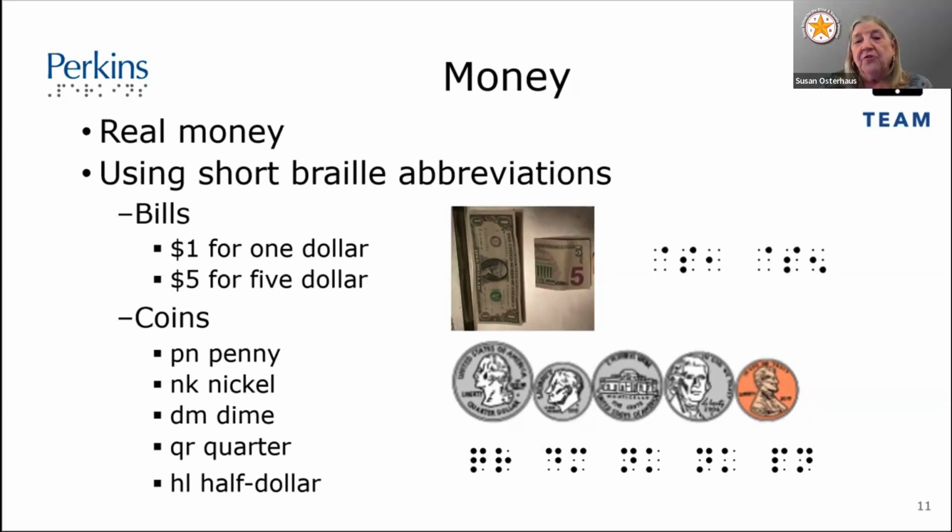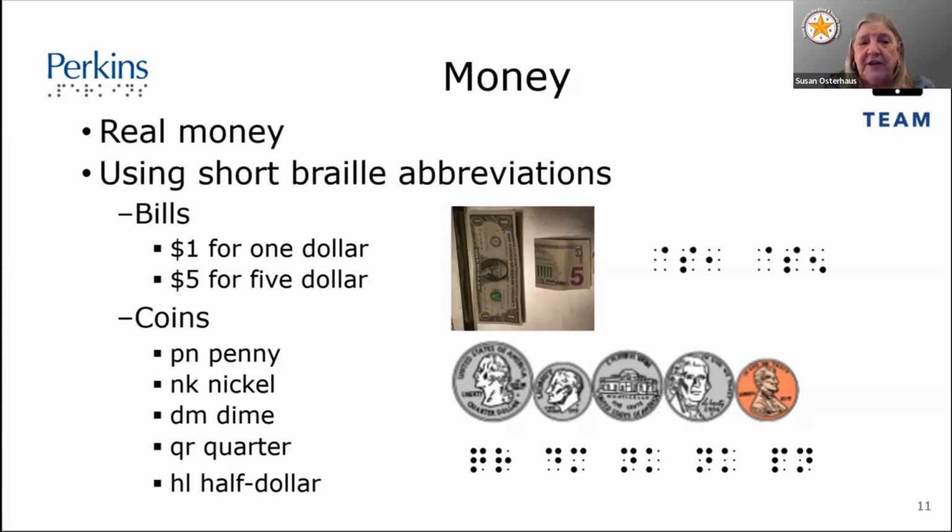And so for your dollar, in this case we've got it in Braille, .4S1, .4S5 for $5. And also the picture is showing you how you would fold real money and learn how to fold that for ones and fives and tens and 20s and so forth.